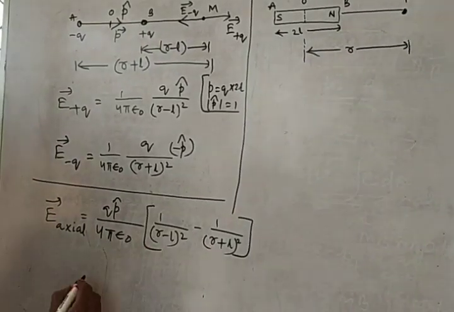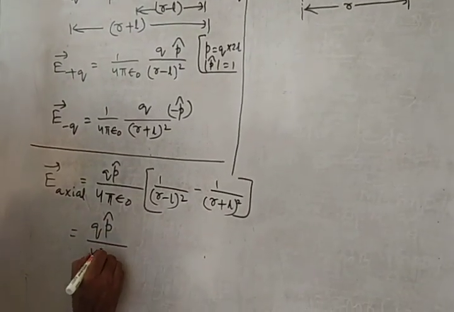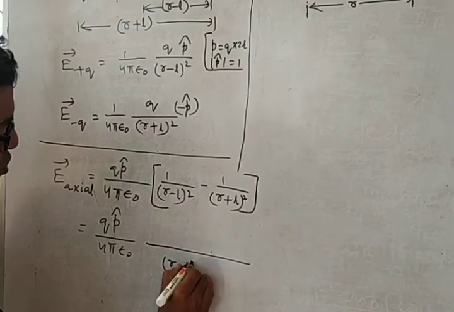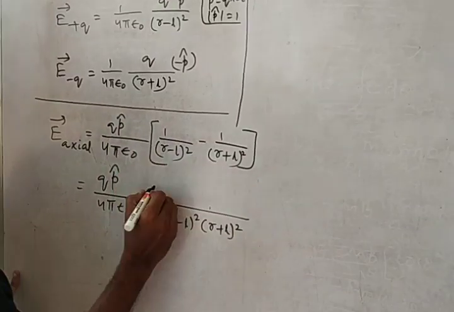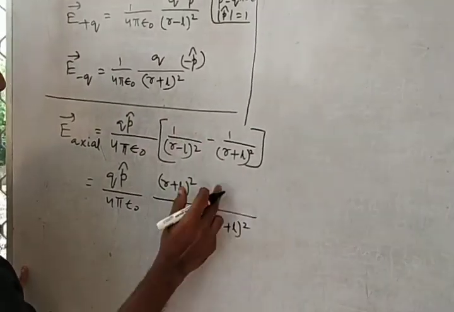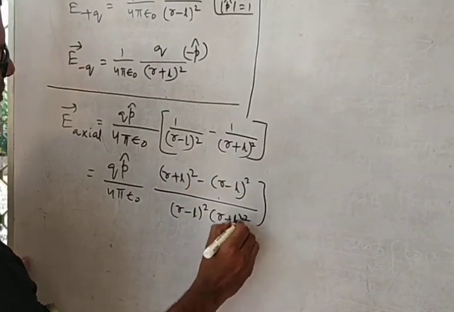Now I have to solve it. If you solve it, taking the LCM, you will get R minus L whole square times R plus L whole square in the denominator, and in the numerator R plus L whole square minus R minus L whole square.